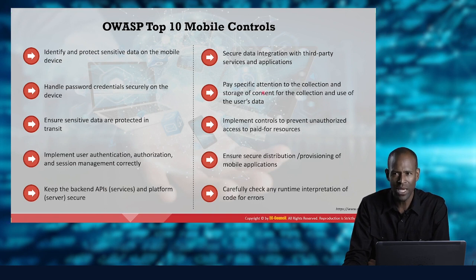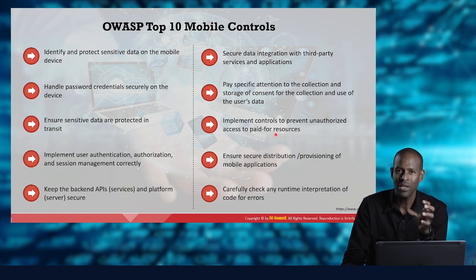We want to integrate with third-party services and applications and make sure those are secure, paying attention to storing data and content on our phones, and making sure that we have good controls, again, for paid-for resources.